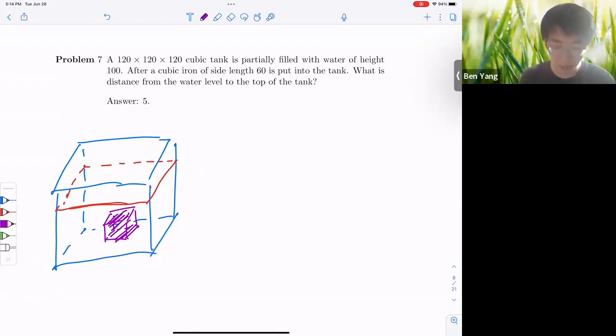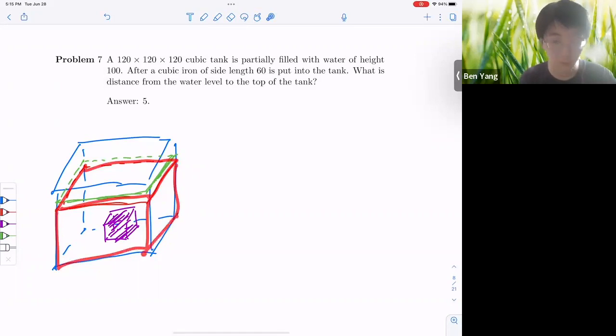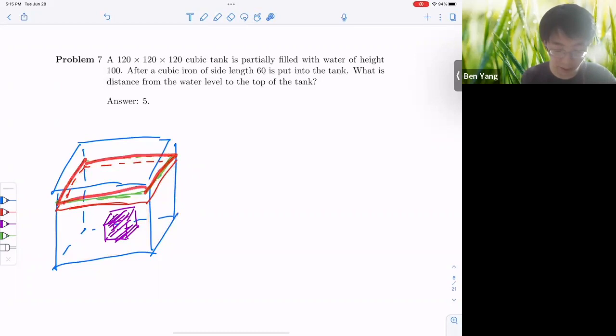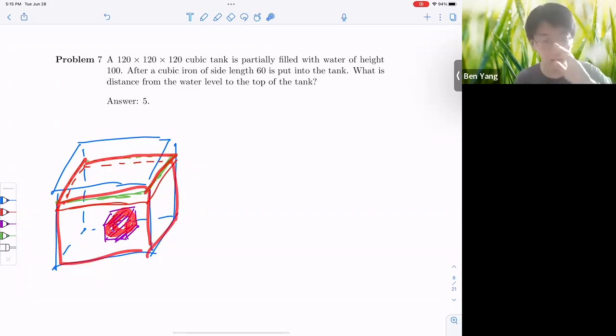And now the water level will go up to somewhere here, the green face there. Now if you think about it, the water used to be just this nice rectangular box. But right now, it's a larger rectangular box with a hole there, if you only look at water, not iron.